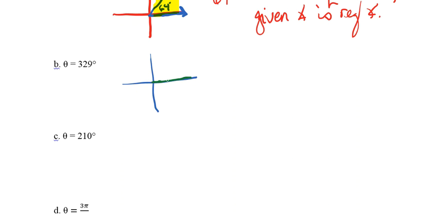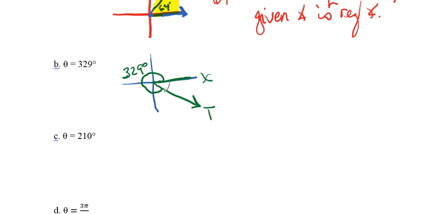Okay, let's look at 329 degrees. Starting here, I'm going to rotate 329 degrees. 90, 180, 270, so I'm over here in the fourth quadrant. So that's 329 degrees. Now the angle that I'm creating is going to be between the terminal side, which is this one, and the x-axis.